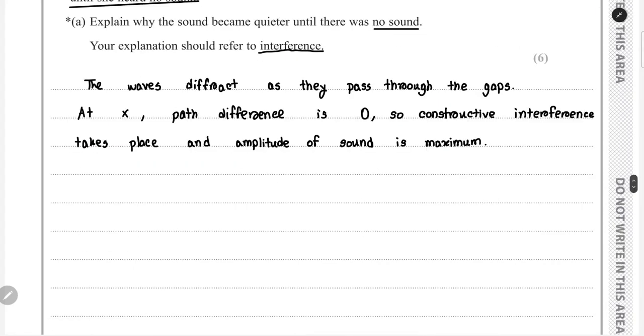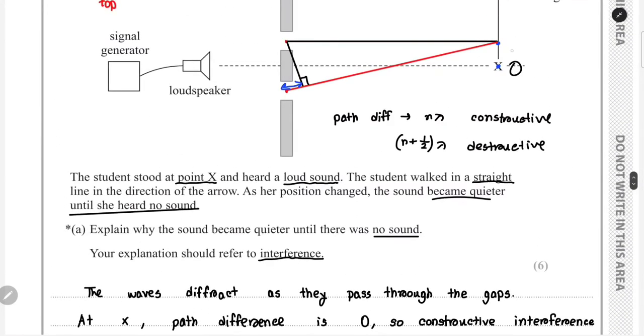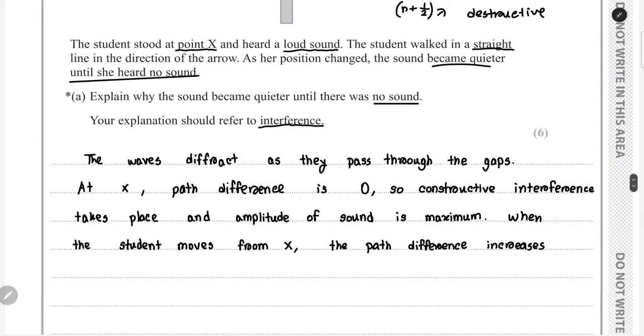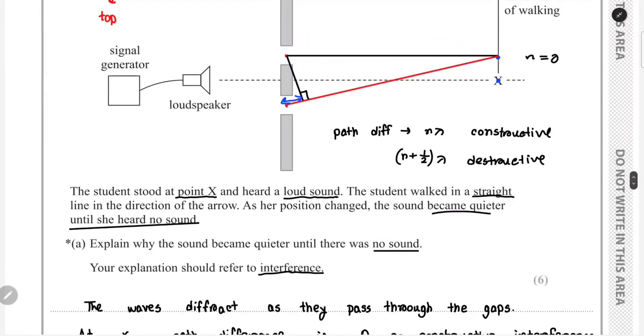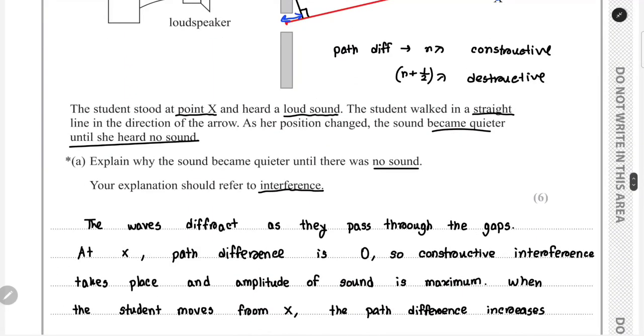So when the student moves away from X, the path difference increases, and this keeps on increasing until there is no sound when path difference is half lambda. Since this is the central maximum and this is the first minimum, at the first minimum n is 0, so n plus half lambda is half lambda basically.